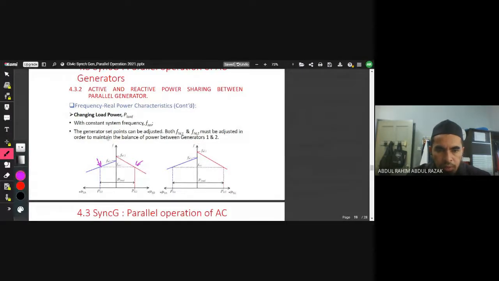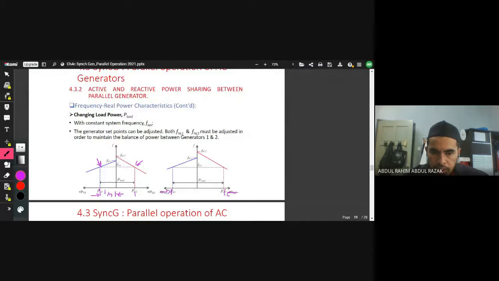It means that if we have a frequency real power characteristic, and a balanced power, you can see the amount of sharing power here and the amount of sharing power here.